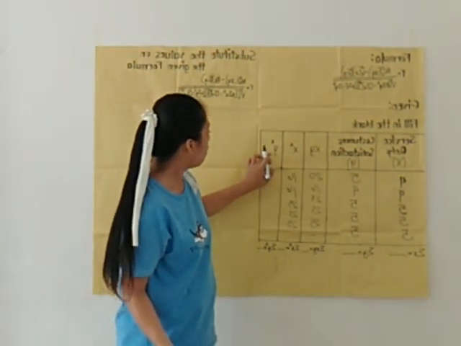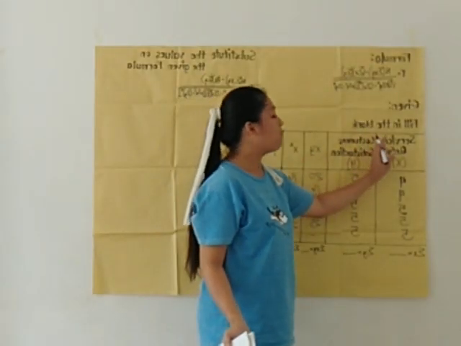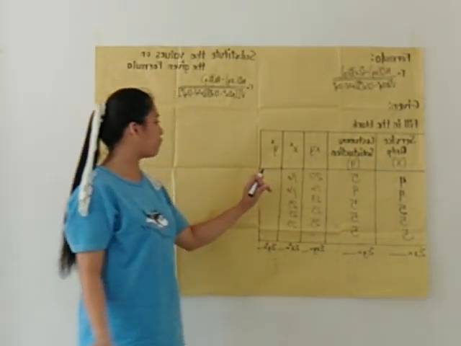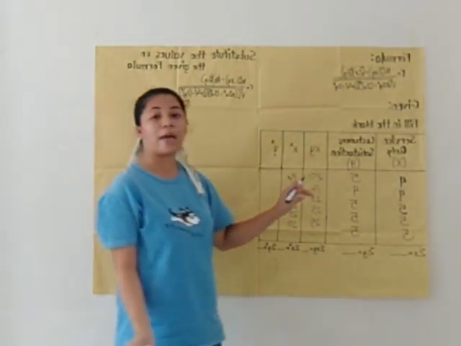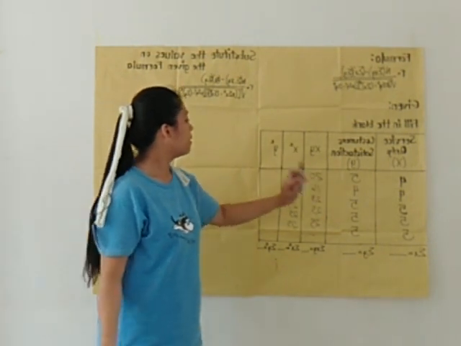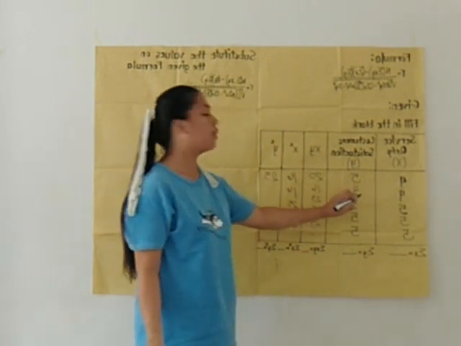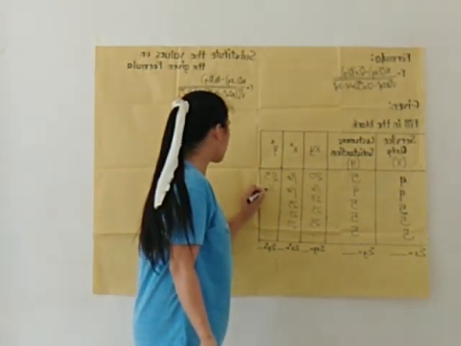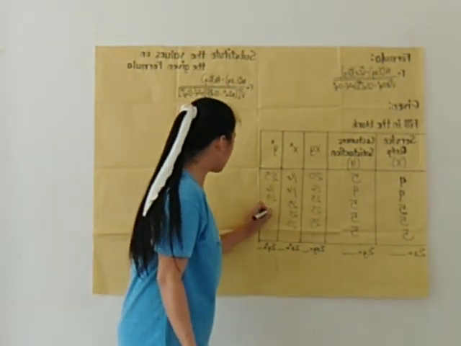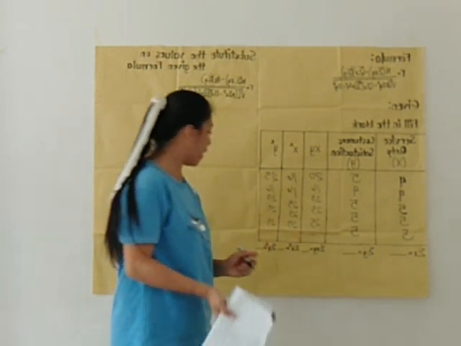Our y here is customer satisfaction, and our x here is service quality. 5 times 5 is 25, 4 times 4 is 16, 5 times 5 is 25, the same for the fourth number, and the last number, 5 times 5, is 25.